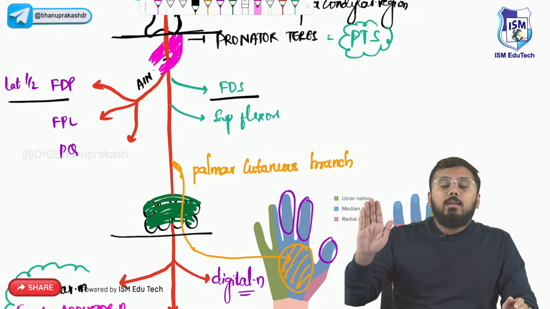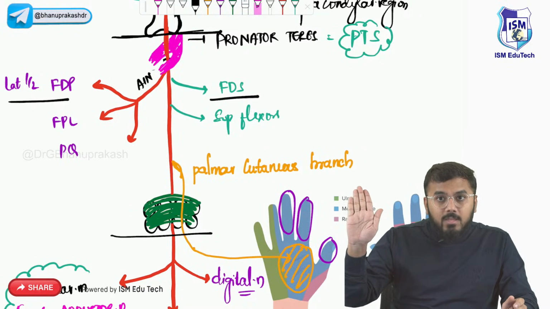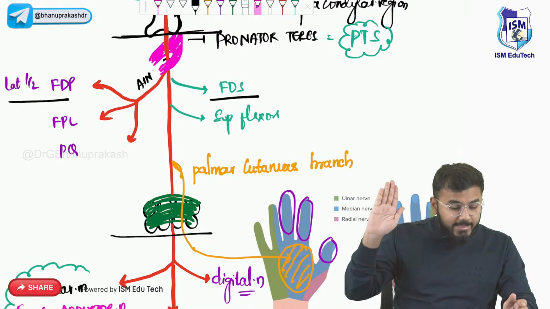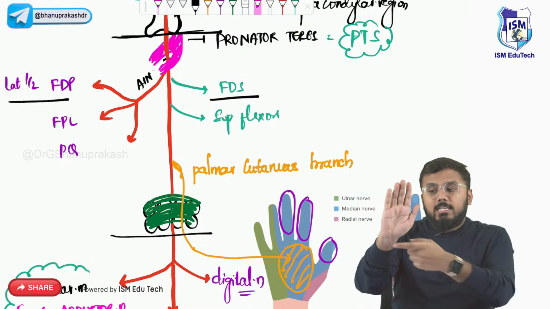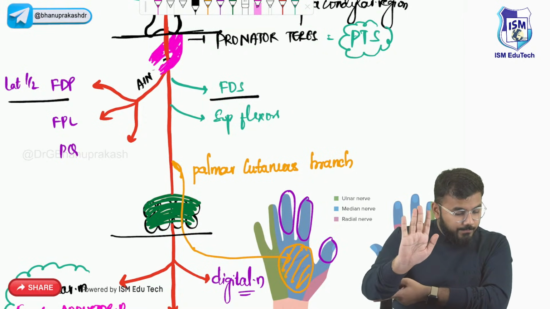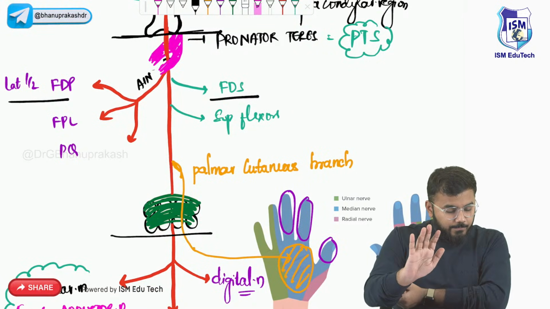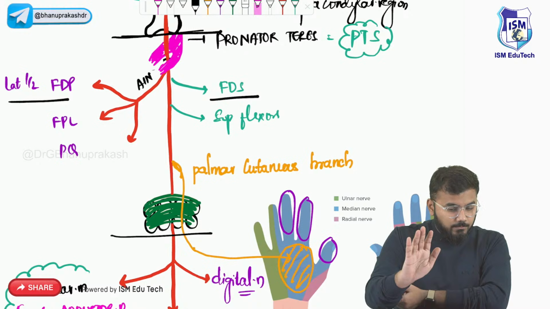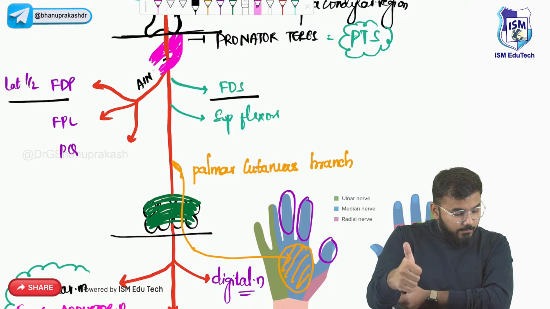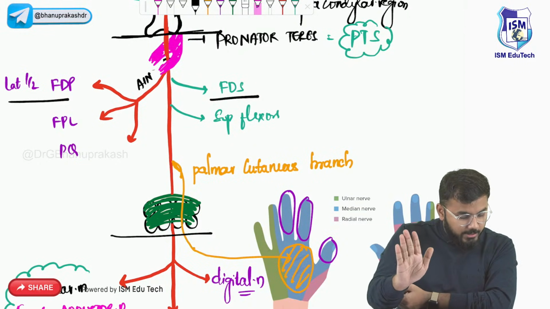So the patient cannot flex his thumb, and even cannot flex his fingers. In this way, you can tell whether the injury is at the level of wrist or at the level of elbow. Second point, you understood, guys? Very good. Everyone understood, no confusion, right?